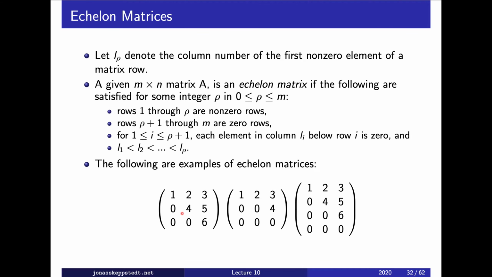And why do we want that? Well, just as in Gauss elimination, it's easier to solve dependency equations when we have expressed the equation as an echelon matrix. So, how to transform a matrix into an echelon matrix is the first we will see.